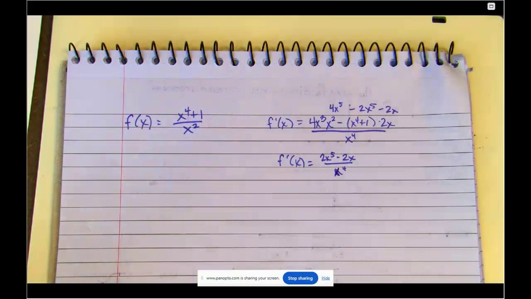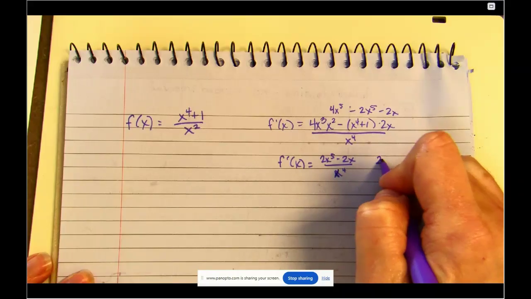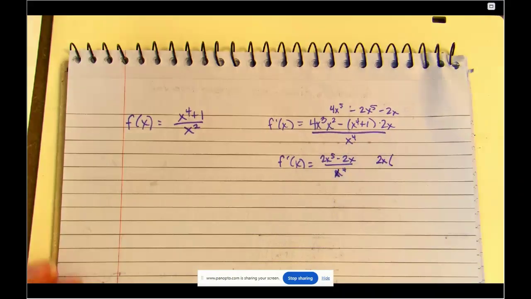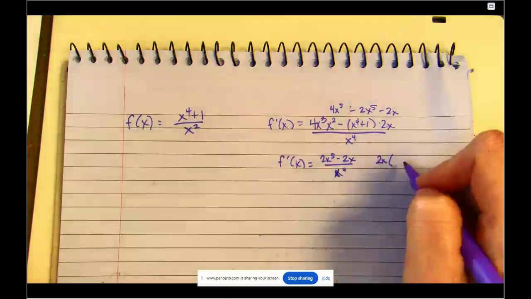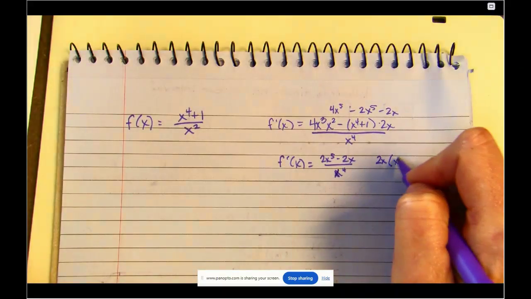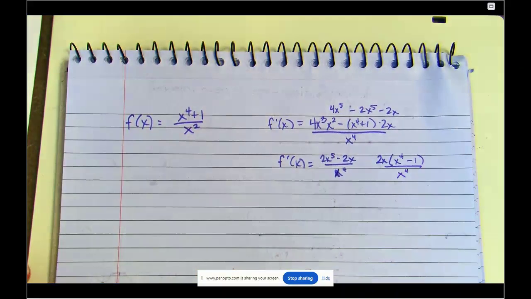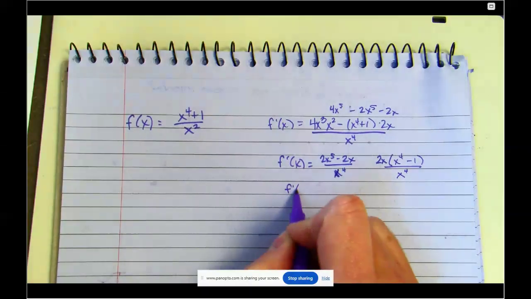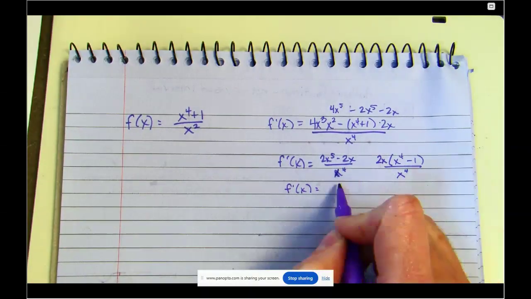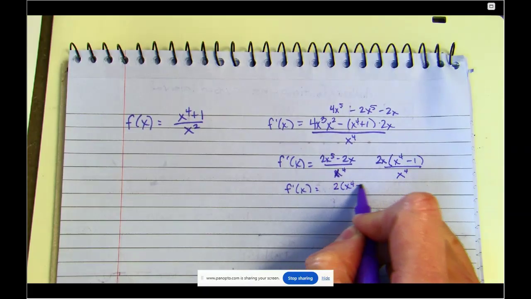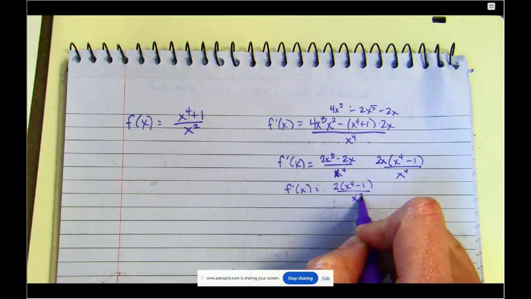Take out a 2x. That leaves us with x to the 4th minus 1 over x to the 4th. So when I simplify, we have 2 times x to the 4th minus 1 over x to the 3rd.